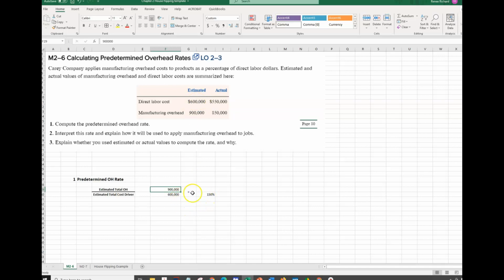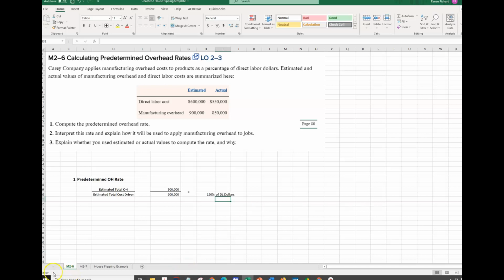So when we divide that, we're going to take 900,000 divided by 600,000, and we're going to come up with 150%. 150% of what? So we're going to apply overhead based on the rate of 150% of direct labor dollars. Well, if we were doing it with hours, we'd have an amount per hour. But in this case, it's a dollar amount.